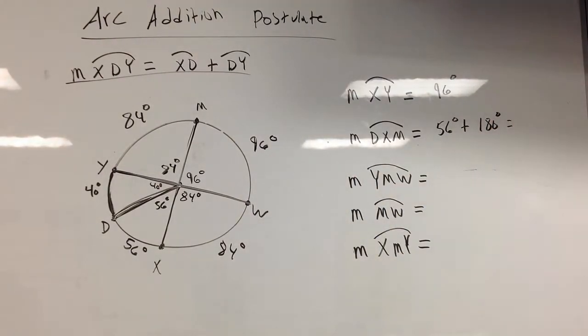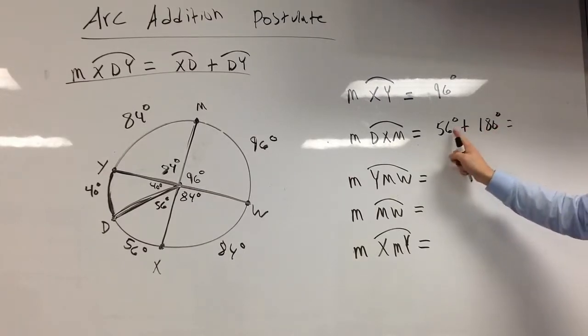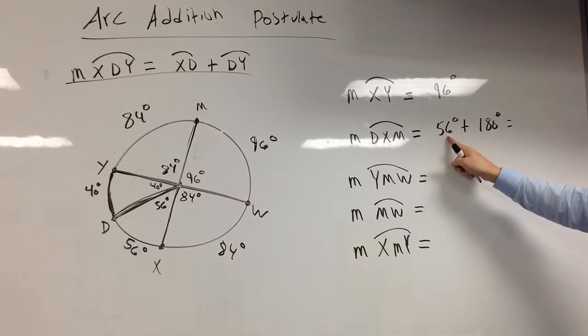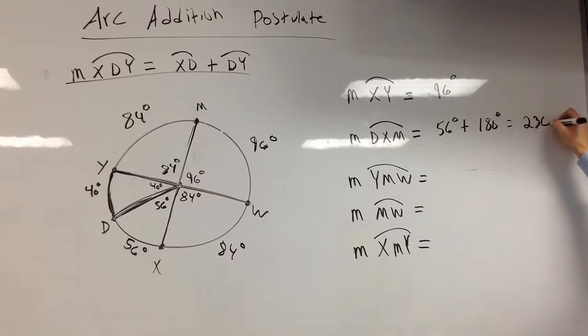So then if I ended up adding these two together, 180 plus 56 would give me 236 degrees.